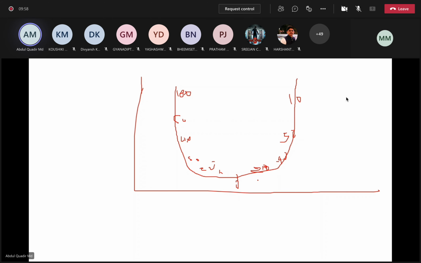If we go for the gradient descent rule, what happens is, if I take one unit of step and get down, and then I see I'm rising up, I have missed the point. So what did I do in gradient descent?